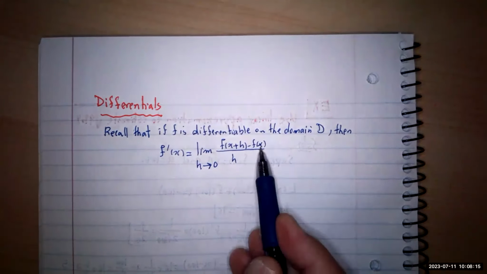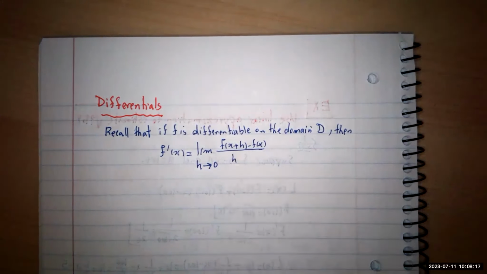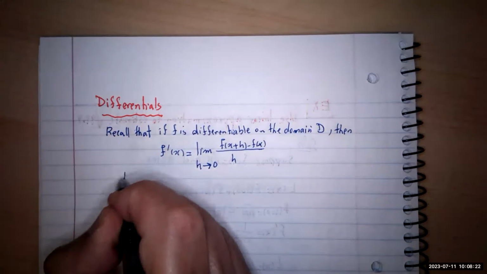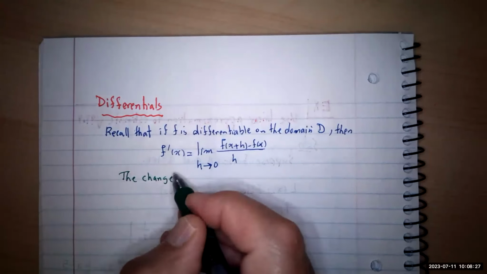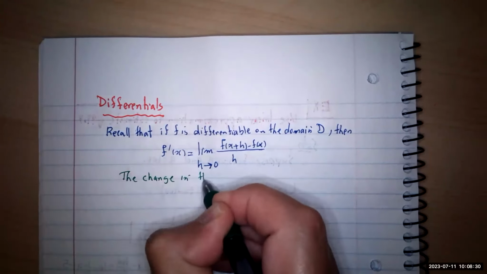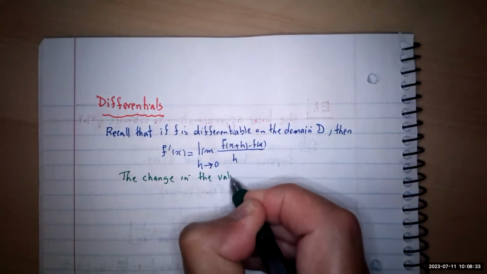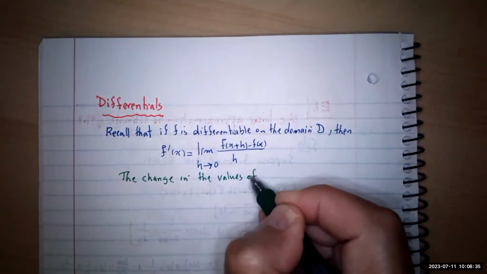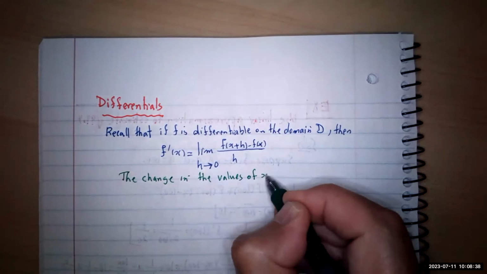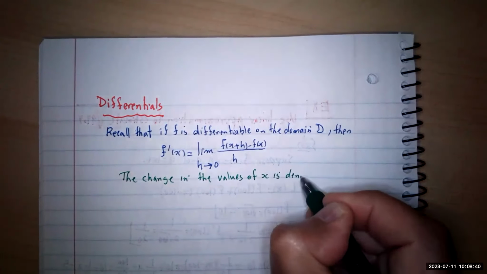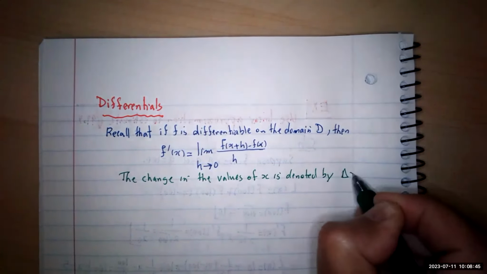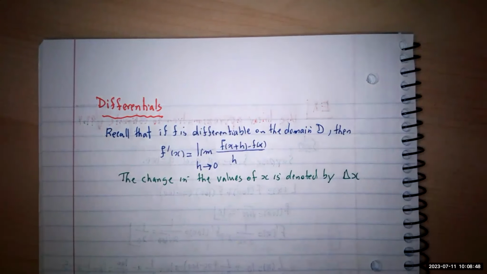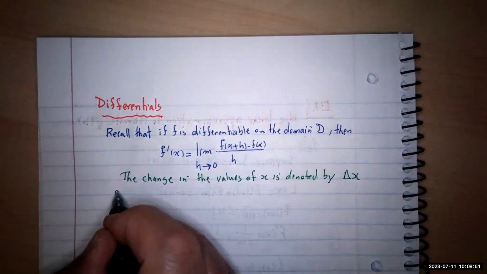So in this case, we change the x into x plus h. We introduced this notation before, but we are going to repeat it again. Remember the change. The change in the values of x is going to be denoted by delta x, change in x, and the corresponding change in y is delta y.